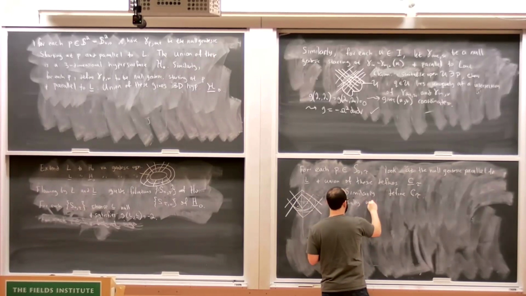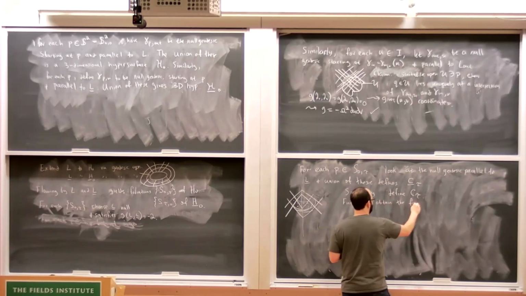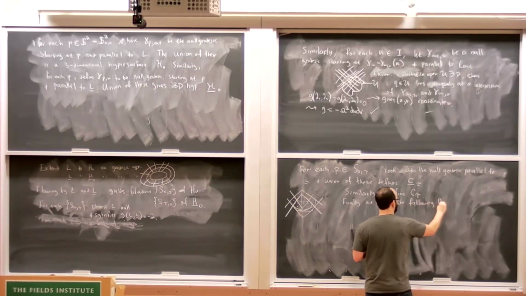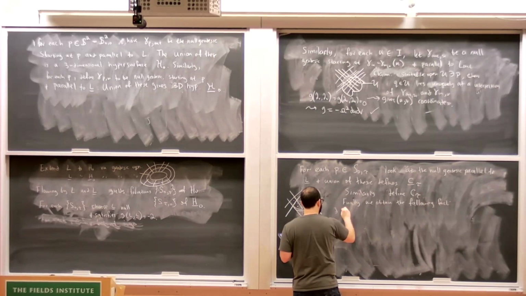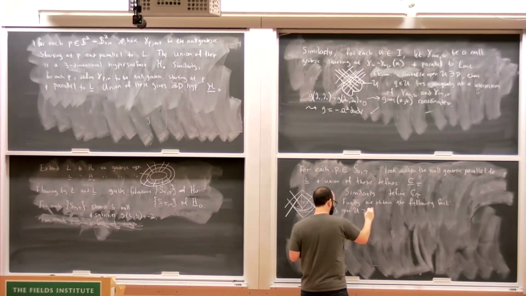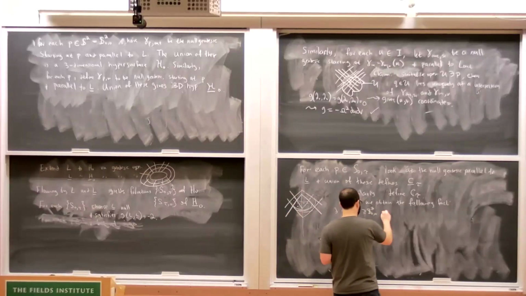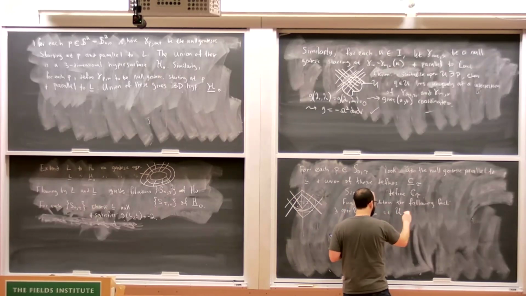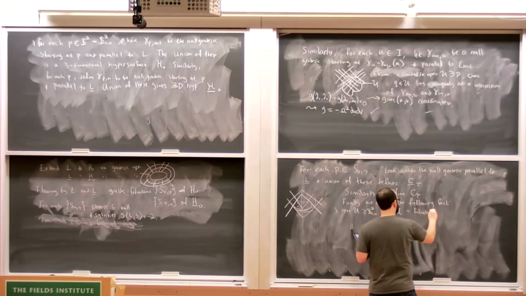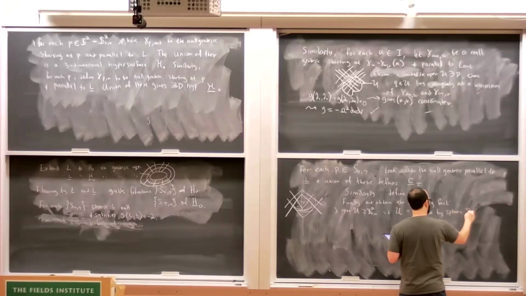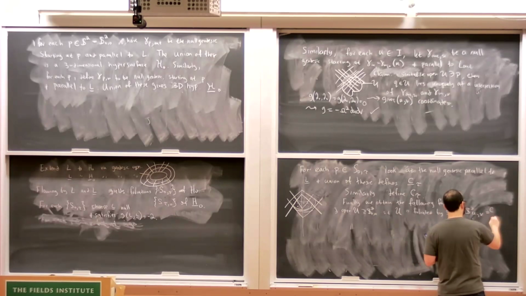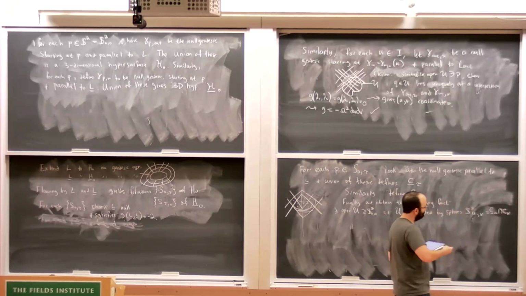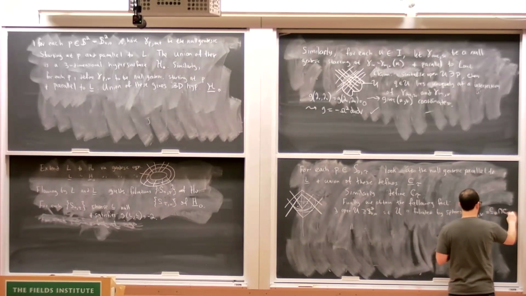to obtain the following fact. There exists an open U containing our original sphere that we started with, such that U is foliated by these spheres S2 UV, and this S2 UV is what you get on the intersection of this CU with CV.